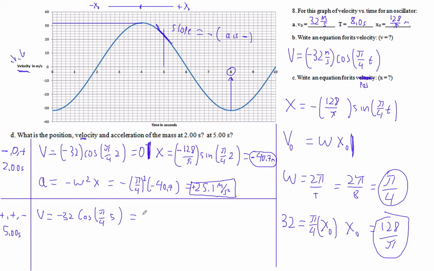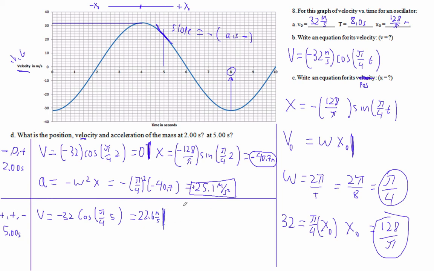What is that? Opposite of 32, remember you have to be in radians, cos of pi divided by 4 times 5. 22.627, so 22.6 meters per second.